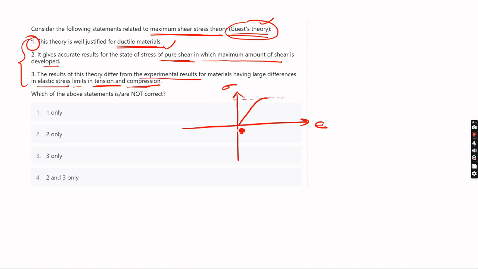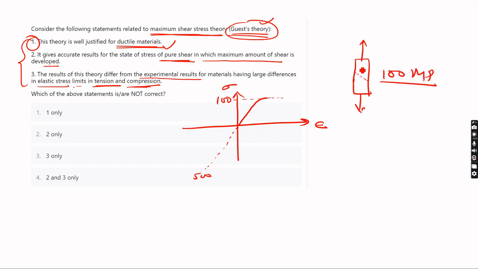Same thing if you are going in compression. Suppose this is 100 megapascal in tension, and in compression it is something like 500 megapascal. A material is there and you are elongating it in this direction. The yield point, the elastic limit, is 100 megapascal.